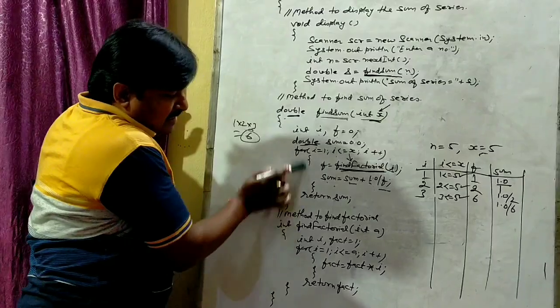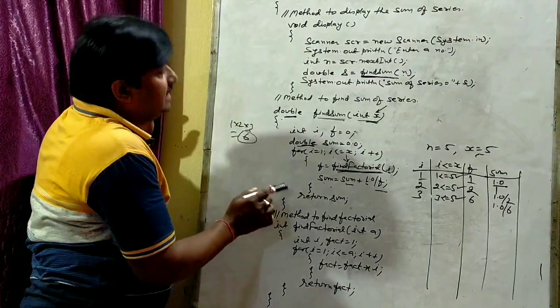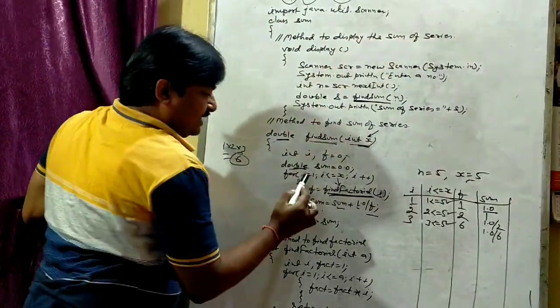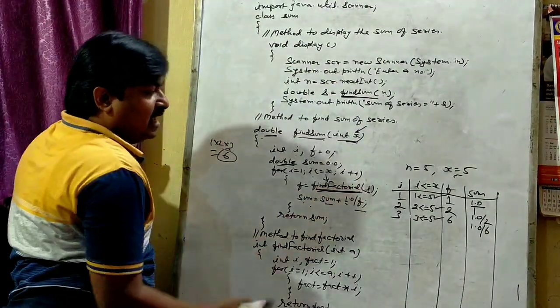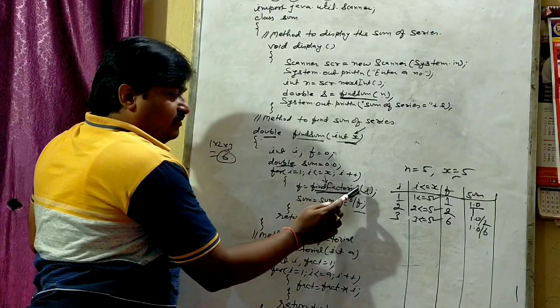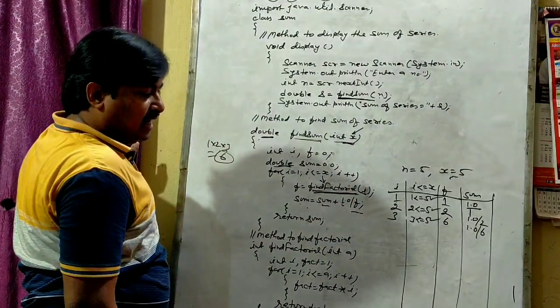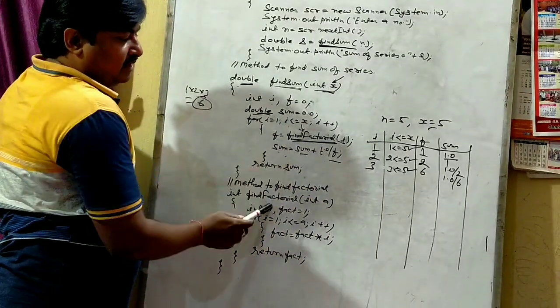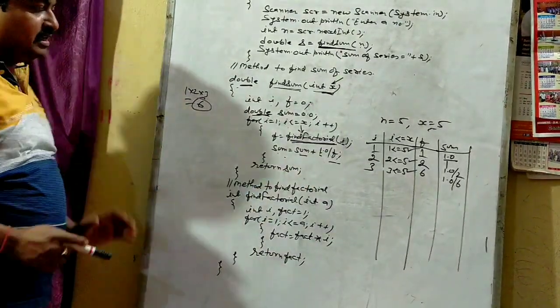The main part is here. We take a loop from 1, 2, 3, 4, 5, 6 like that, and find factorial will calculate the factorial of the current value of i. This way the factorial will be calculated, and sum will store the sum of series.